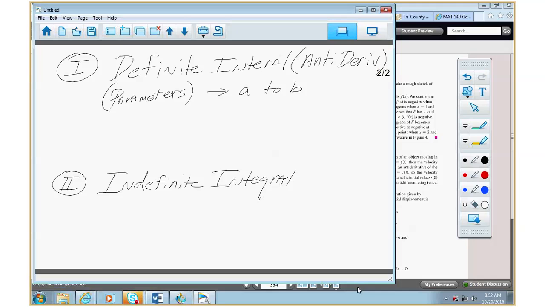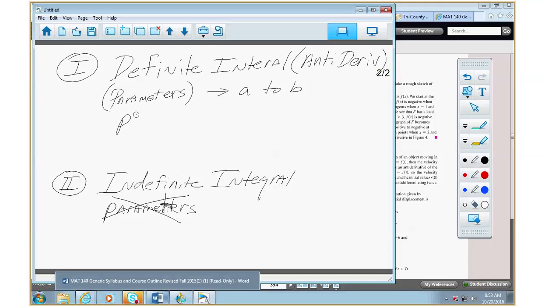Indefinite integral has no parameters, does not have an a to b, and basically you're just taking the antiderivative and that's it. Alright? The definite integral, you take the parameters and you plug into it.